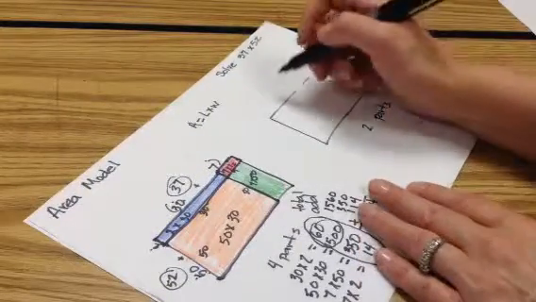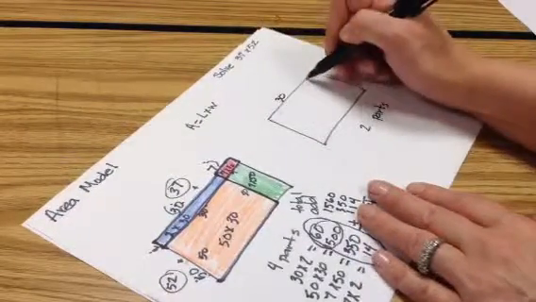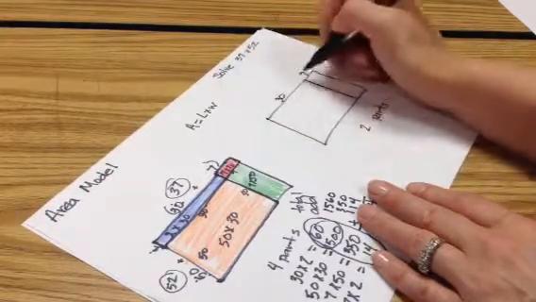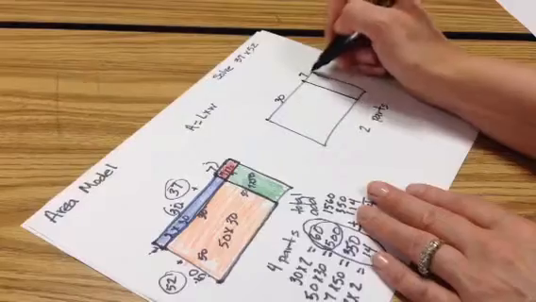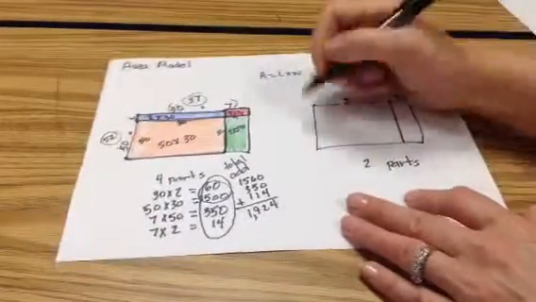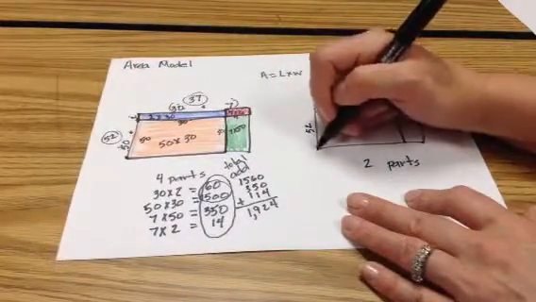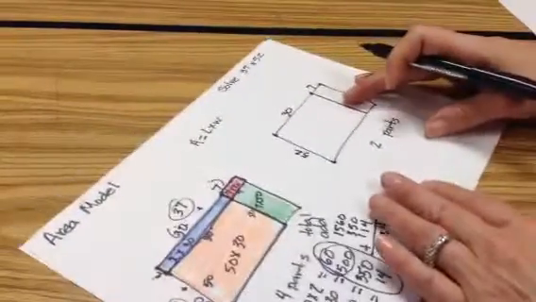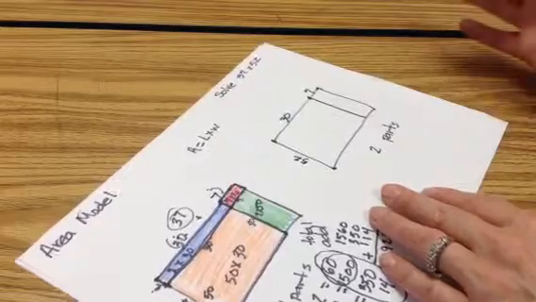I'm going to break apart 37 into 30 and 7. So from here to here is 30, and then from here to here is 7. Then over here, I'm going to leave 52 alone. I'm going to leave that be 52 from here to here. Now, I have 2 different parts, right?